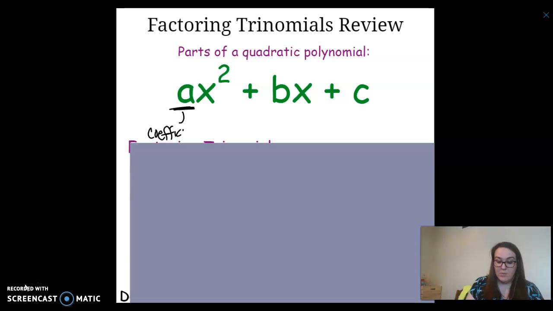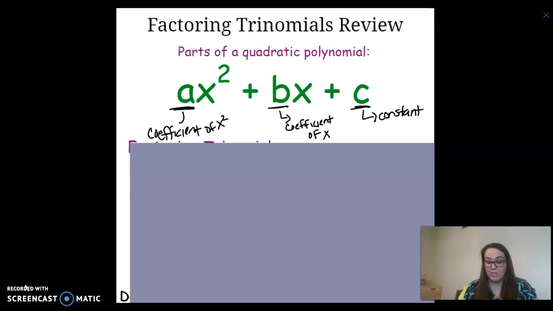B is the coefficient of x. If I talk about C, I'm talking about the constant.